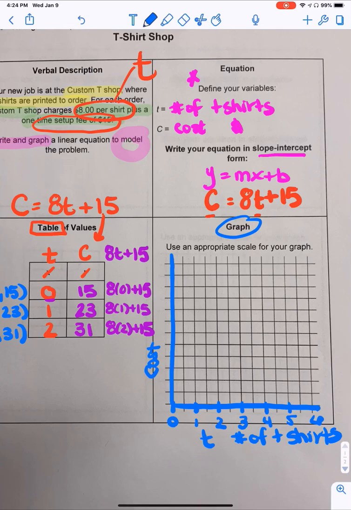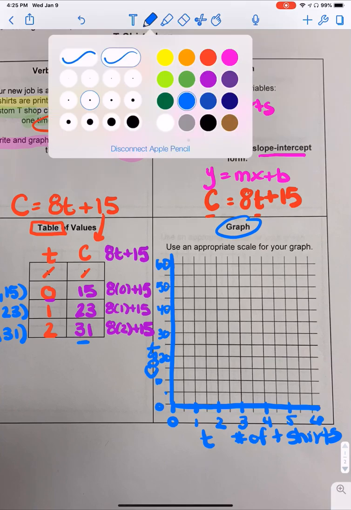The highest number I have is 31, so I need to be able to get up at least that. So I'll go 0, 5 and then 10, 15 and then 20, 25 and then 30, 35 and then 40, 45 and 50, 55 and 60.